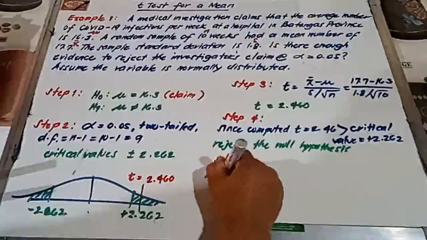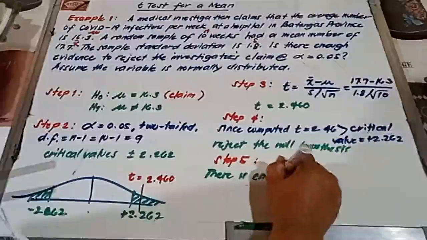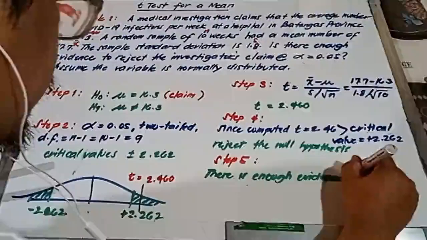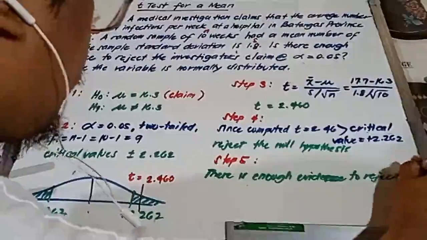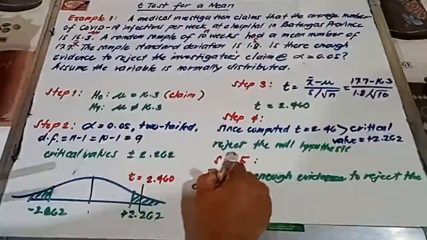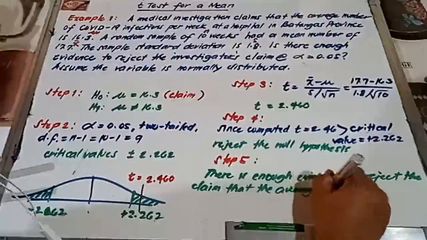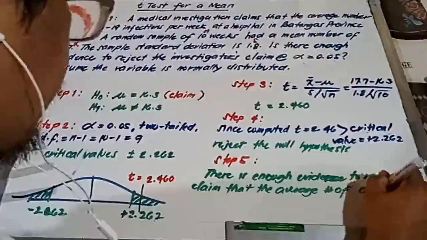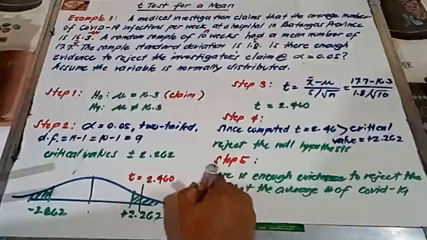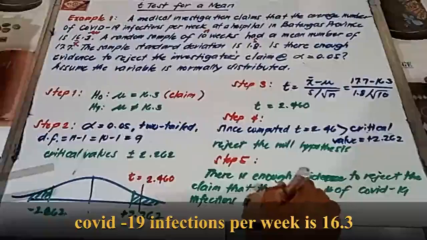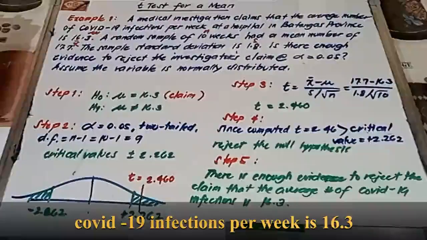There is enough evidence to reject the claim that the average number of COVID-19 infections is 16.3. So, i-reject natin yung null hypothesis. So, that is the solution to our example number 1 t-test. Thank you.